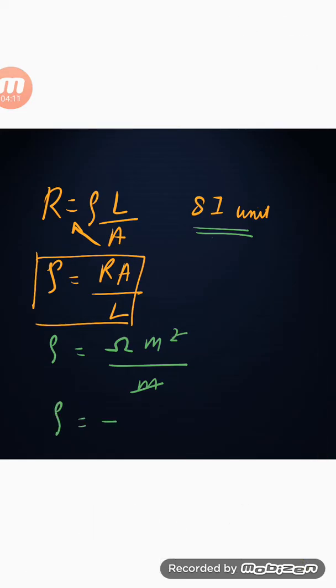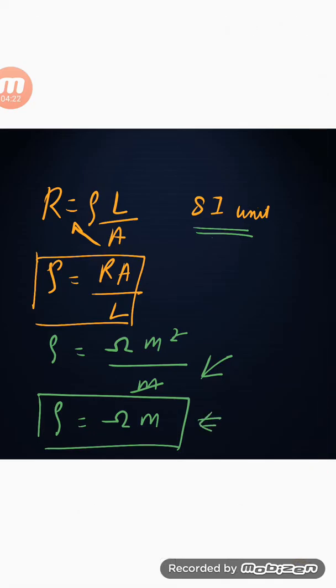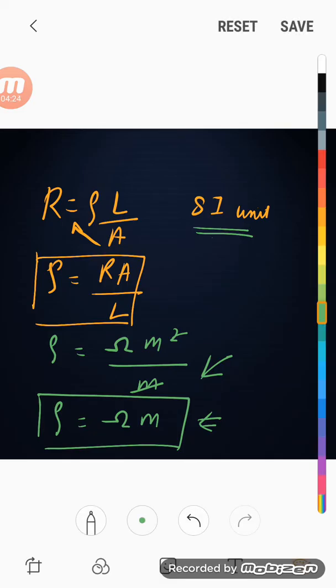What remains is ohm meter. In this way we can prove that the SI unit of resistivity is ohm meter, right?